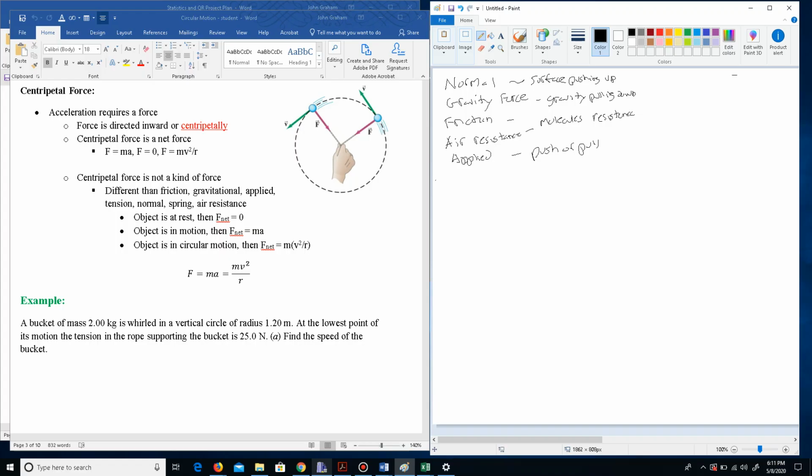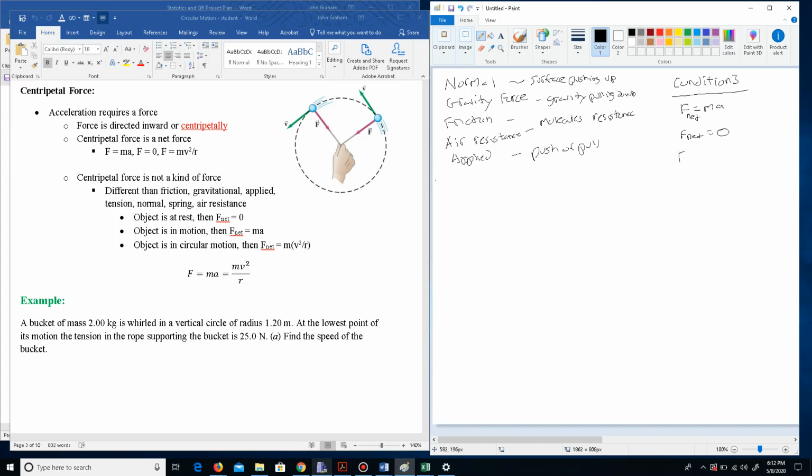Centripetal isn't something that has a source in a sense. It's something that is a condition. So all these have a source, and all of these can lead to different conditions. The first one is F equals ma, where these forces have some net force that's causing acceleration. The next one is F equals 0, so these forces provide some net force that ends up being in equilibrium.